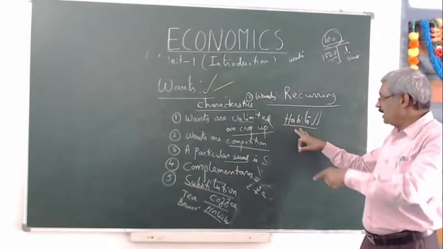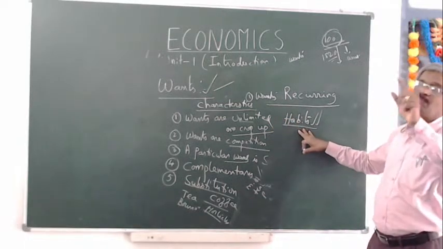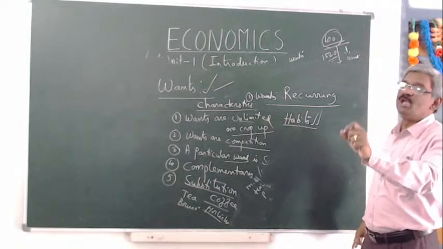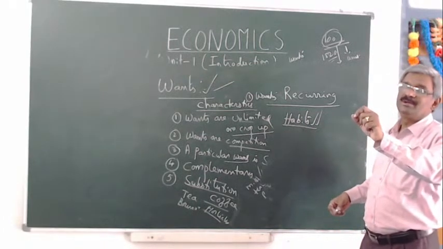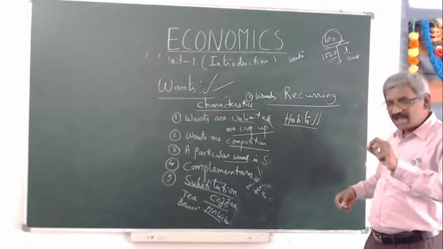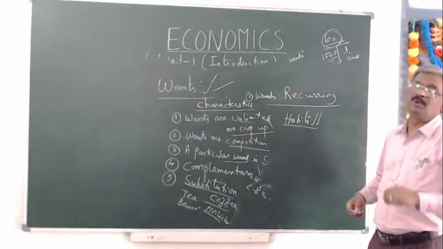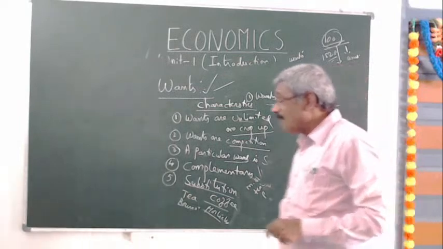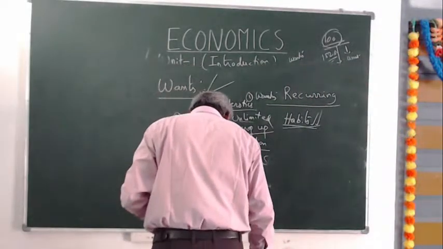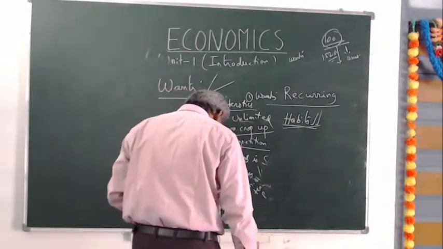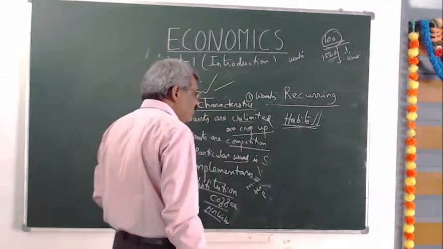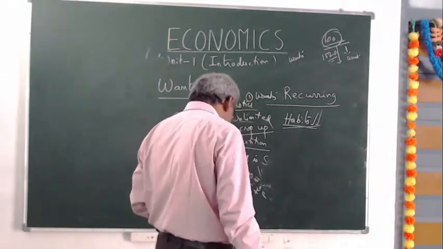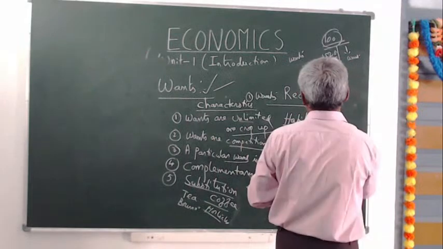By habit, each and every person always uses Colgate, always uses Lux soap or Rexona soap. So wants are habits. And another one, wants vary with time, place and person.